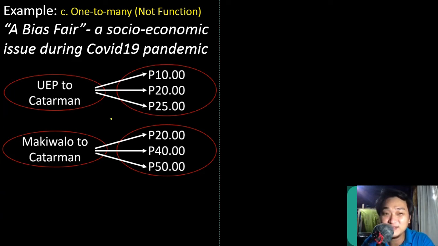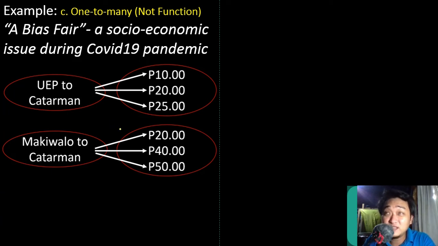Totoong nangyari po yun. Or halimbawa, from Makiwalo to Katarman, lalo na nung unang-una pa lang na bumugso yung pandemya, nung pandemic, na biglang walang nagbiyahe. Syempre wala pong kita yung ating mga transport group.